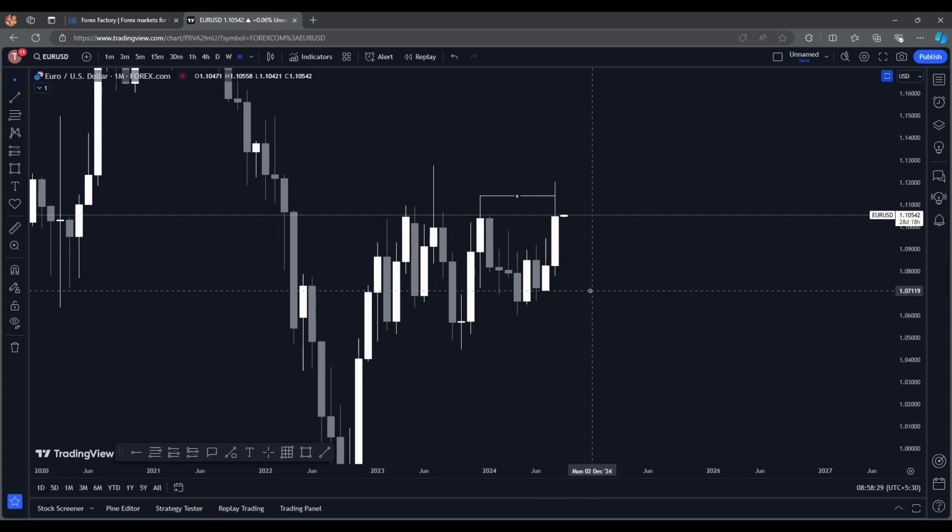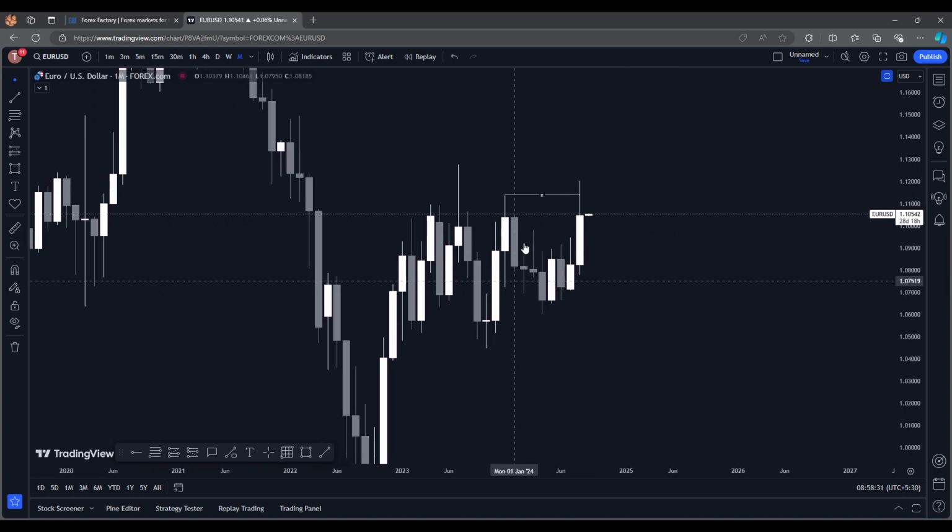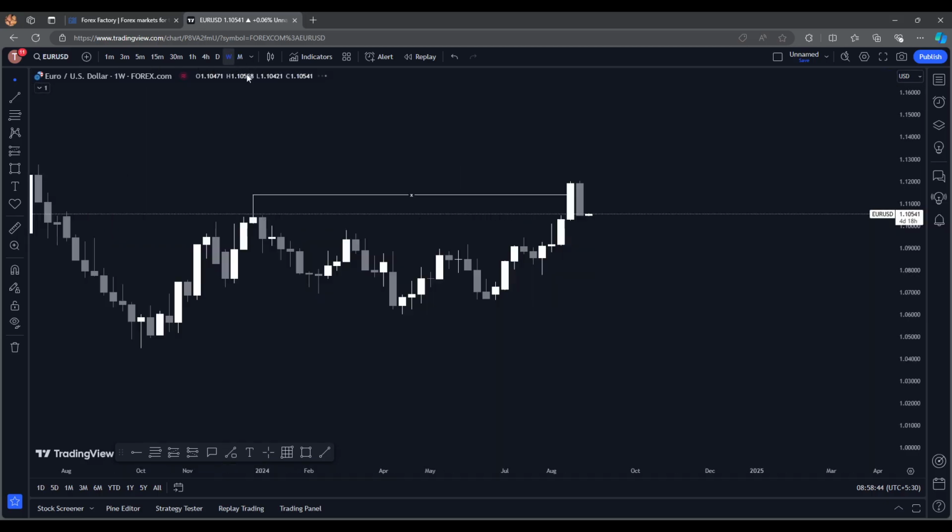So this is the monthly chart, and what we can see is that the price had swept the swing high of the monthly level, and we are in this range. So let's move to weekly to see what is happening inside that candle.